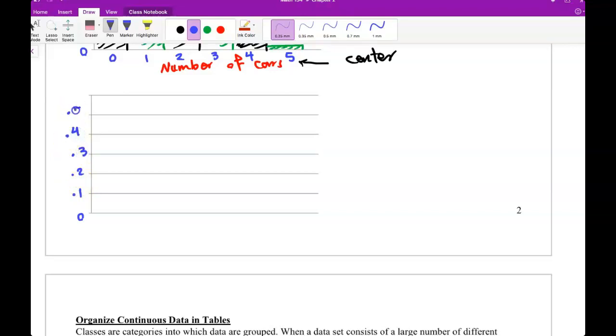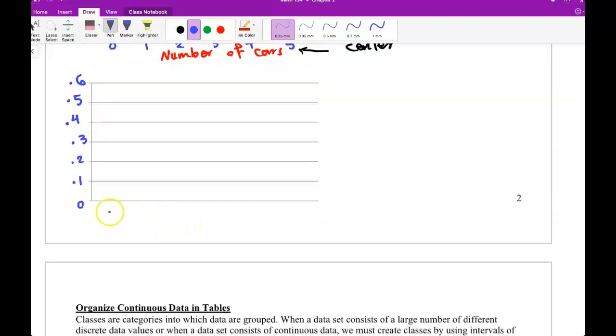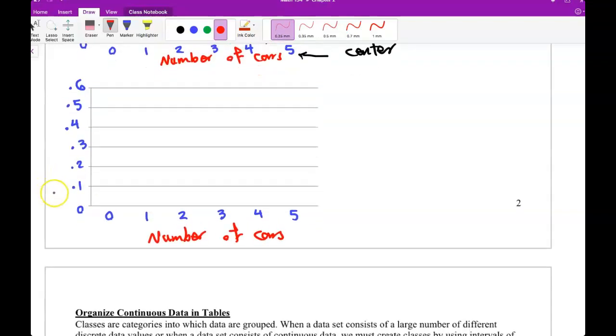Here 40%, 50%, and 60%. Again, number of cars, 0, 1, 2, 3, 4, 5. And the y-axis is relative frequency.